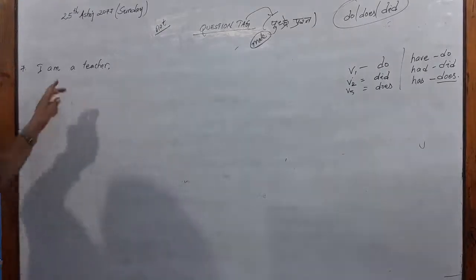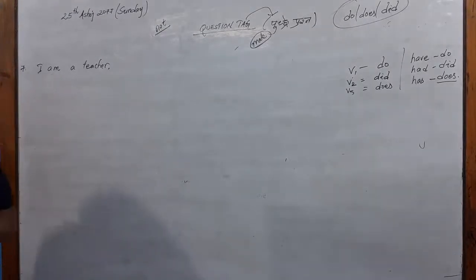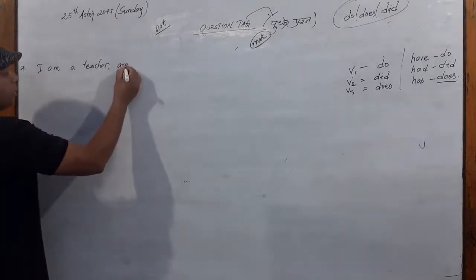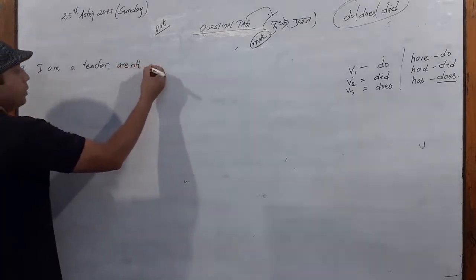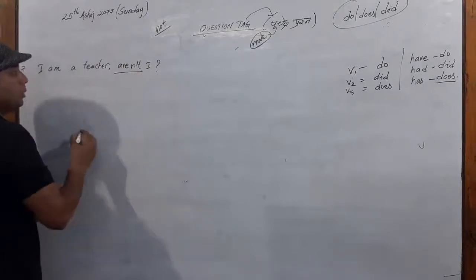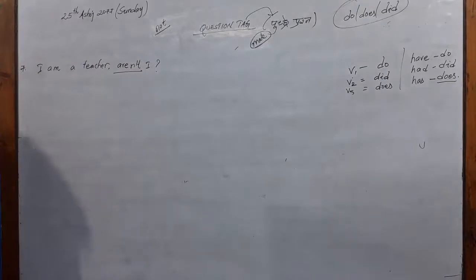In the same way, what is the plural form of am? For I, we use aren't I. Simple one, I think.